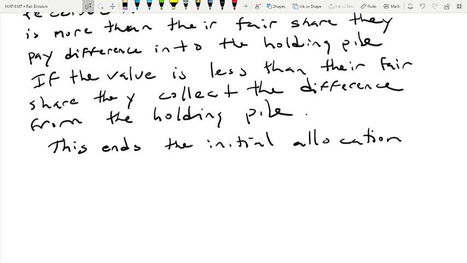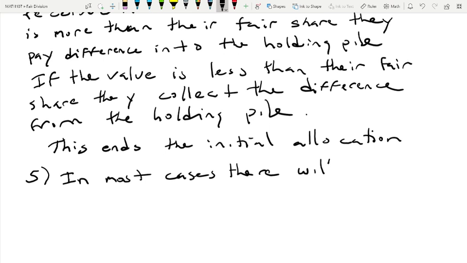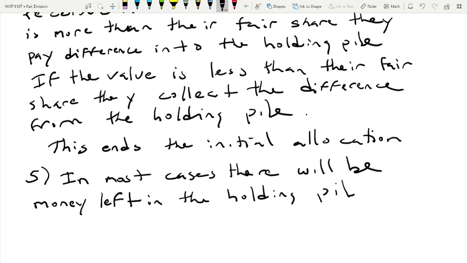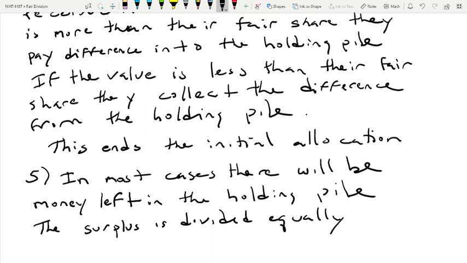And so step 5: in most cases, there will be money left in the holding pile, and the surplus is divided equally between all the parties.